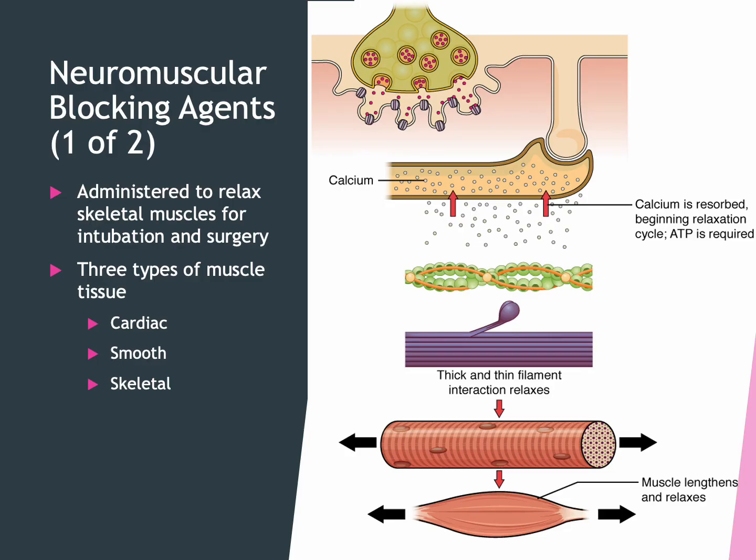The fourth category of general anesthesia agent is neuromuscular blockers. These guys are administered to relax the skeletal muscle for intubation and for surgery. Patients under general anesthesia may be unconscious, pain-free, and memory-free, but their skeletal muscles continue to respond to stimuli.